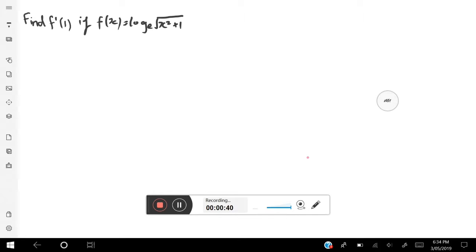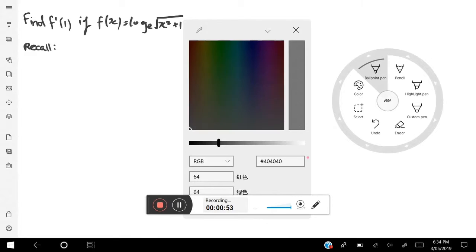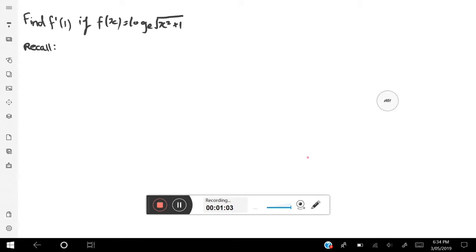First one would be the log one. Recall that if you were to differentiate a log function, say log of f of x, this gives you f dash of x over f of x.